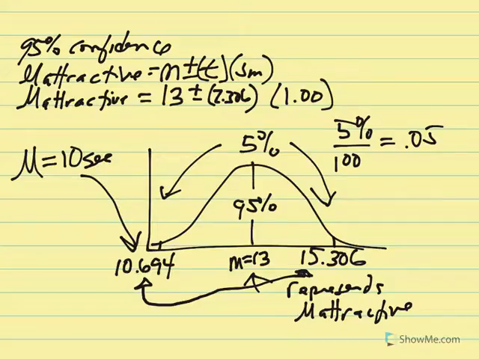If your confidence interval includes the null value, the mu that's reflective of saying there is no difference, then there's something wrong. Think about it: if you're saying I'm 95% confident that they'll spend anywhere from 10 seconds to 15 seconds, if it includes the null, then you aren't really saying that there is a difference.